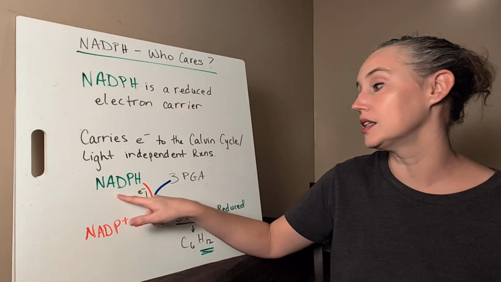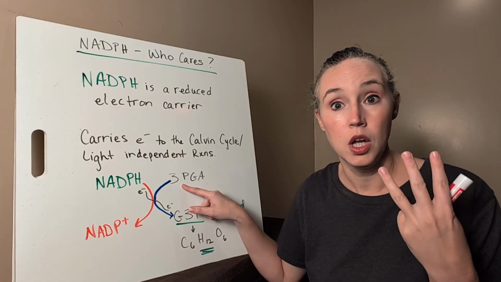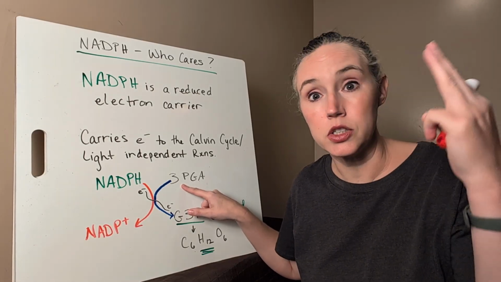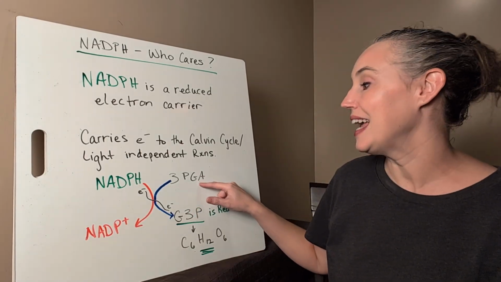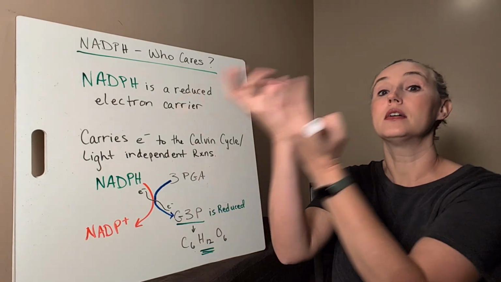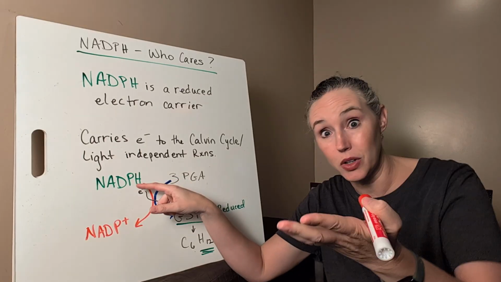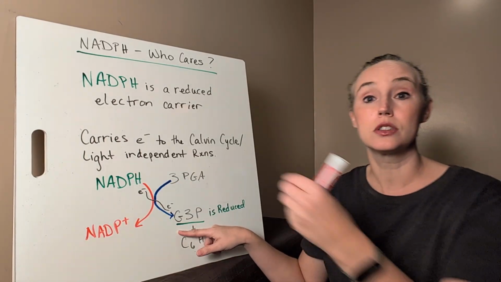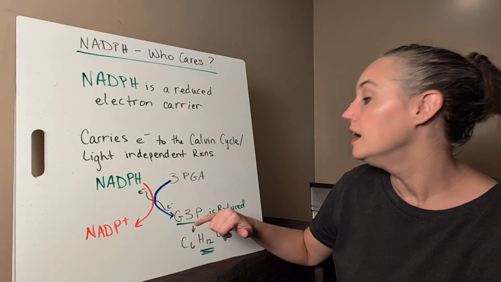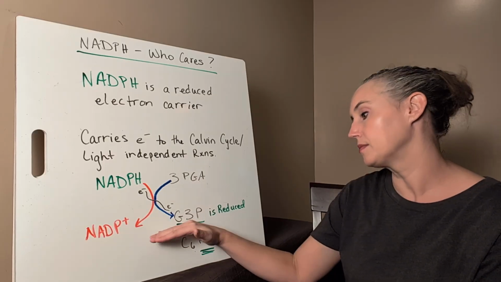Those electrons are going to leave NADPH, and there is a 3-carbon molecule called 3-PGA, which is produced after the carbon fixation part of the Calvin cycle. Reduction is gaining, so it gains those electrons that NADPH is giving away, and it is going to then transform into G3P. So 3-PGA is reduced to form G3P.